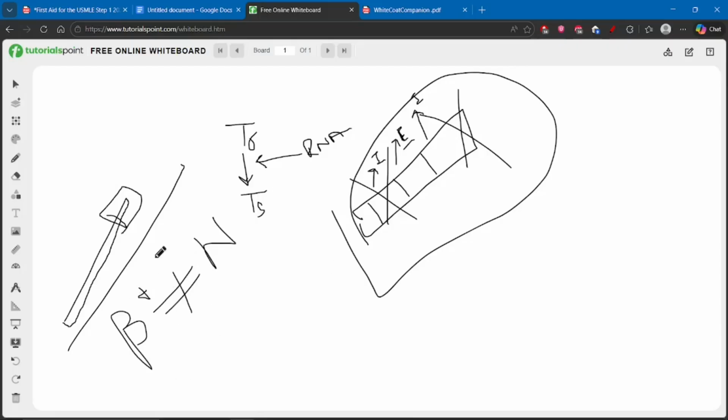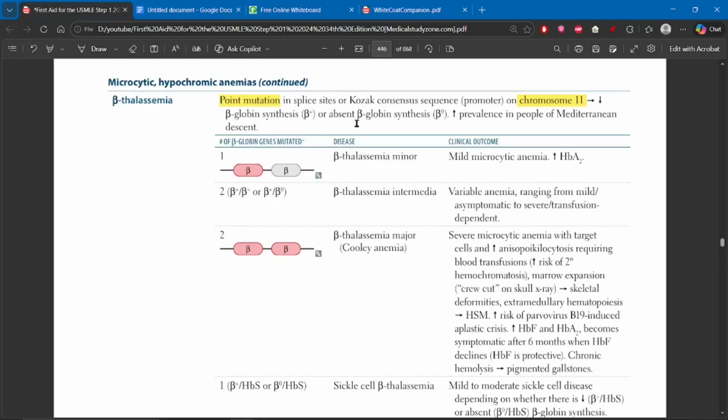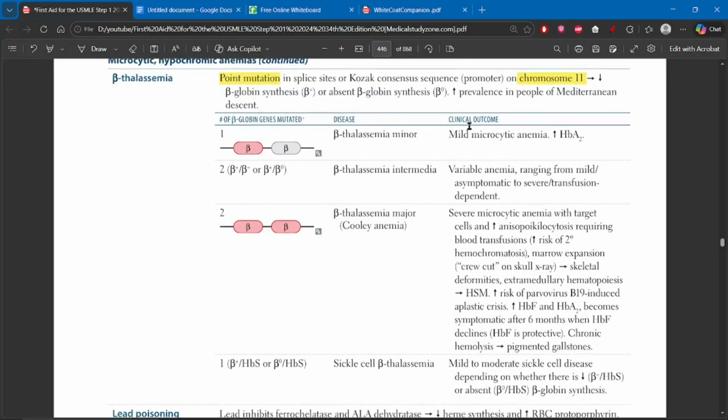It still means the defect is present, but it's not wiping out the process completely. However, if it is completely absent, then it will be written as beta naught. There is increased prevalence in people of Mediterranean descent. You have to keep this in mind; it's very important as well. People of Mediterranean descent are at increased risk.